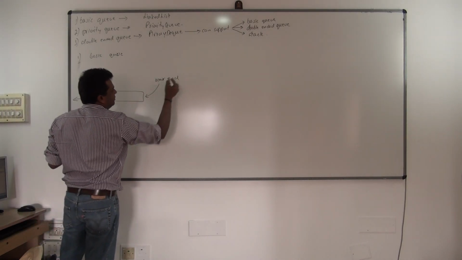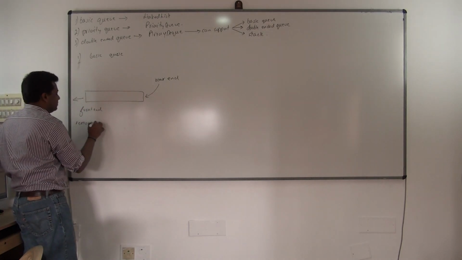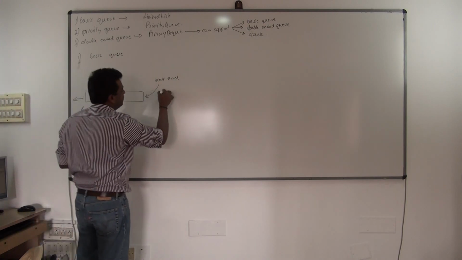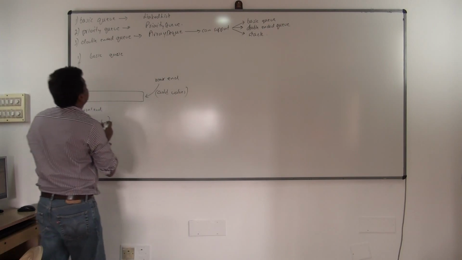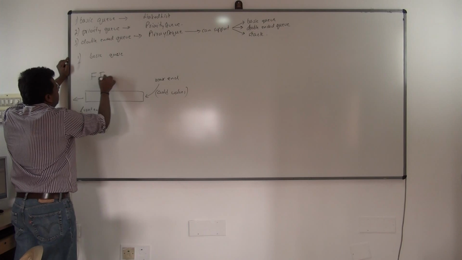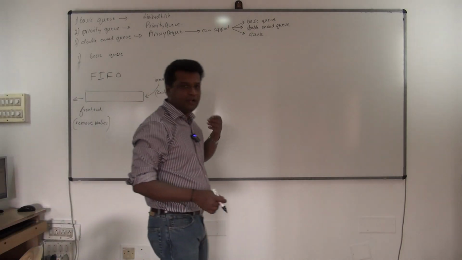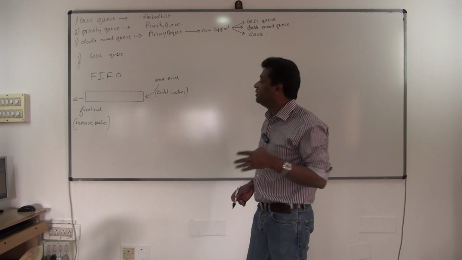In the front end you remove values and in the rear end you add values. It uses FIFO, first in, first out. The element entered first will come out first. This is how the basic queue has been designed.